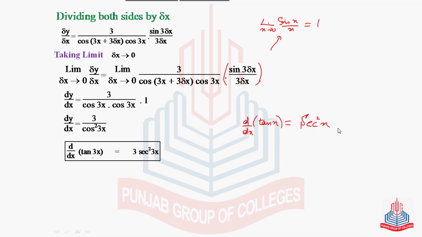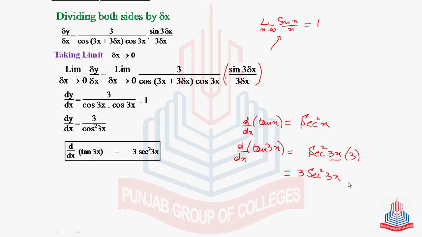But when we differentiate d by dx of tan 3x, first the derivative of tan appears, which is secant square 3x, and then the derivative applies on this angle, and the derivative of 3x will become 3, which is multiplied like this. So 3 into secant square 3x will be the derivative of tan 3x.